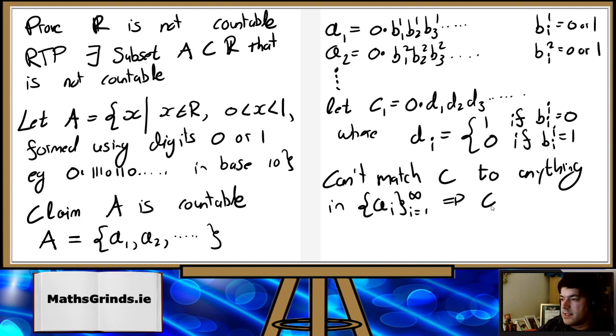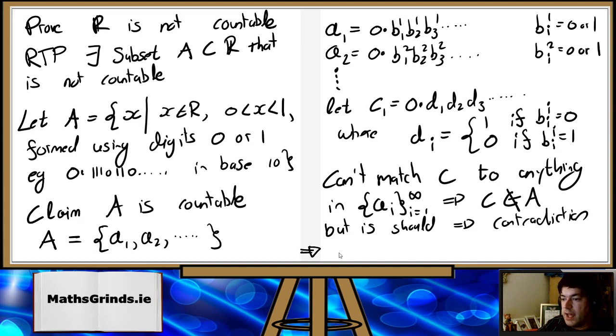That would mean that C does not belong in A. But of course it should, because it's just an alternation of zeros and ones. So that means a contradiction, which means that A is not countable. And of course, if A is not countable and it's a subset of R, then R is not countable as well.